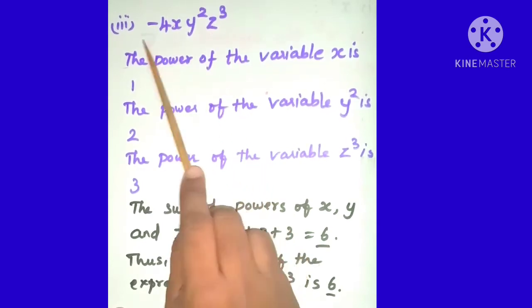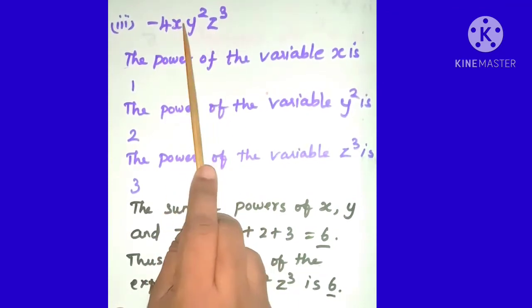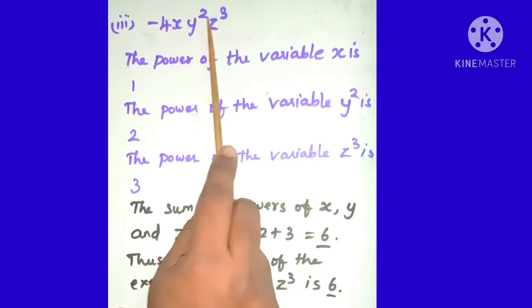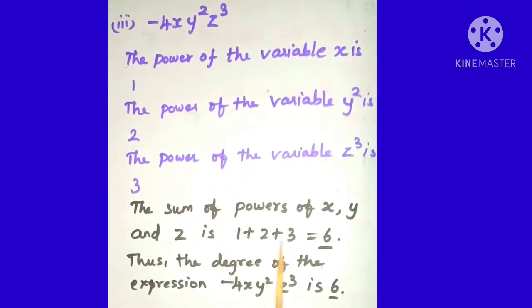So, to find the degree of the expression minus 4x y squared z cube, we need to take the sum of these powers, that is 1 plus 2 plus 3, which is 6. Thus, the degree of the expression is 6.